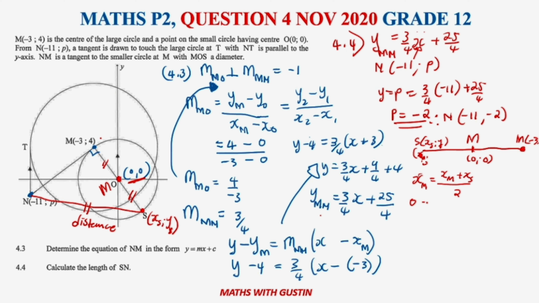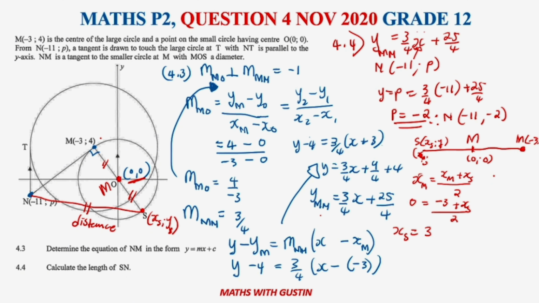This is 0, equal to negative 3 plus the x coordinate at S, all over 2. Cross multiplying, the x coordinate of S is 2 times 0, which is 0, and then negative 3 moves to the other side, so it's 3.